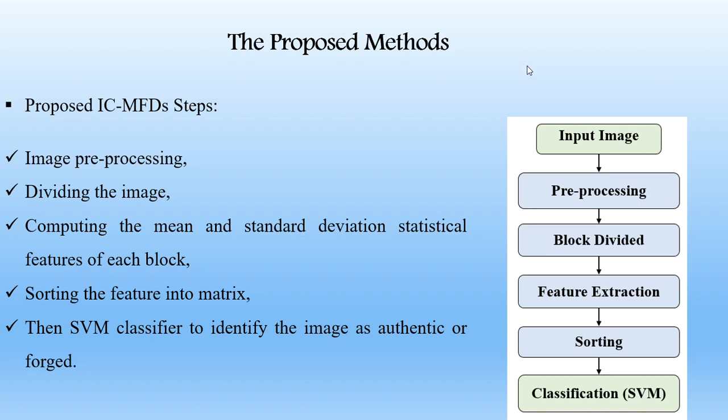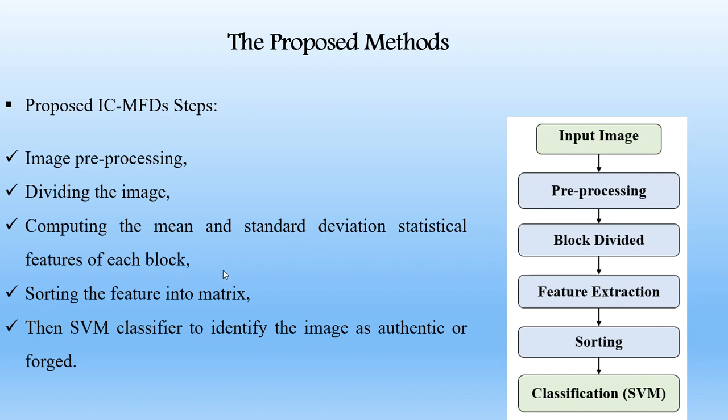Our proposed method depends on five steps. The first one is image pre-processing, converting the color RGB image to a grayscale image. Second, divide the image into non-overlapping blocks under various block sizes. Third, for each of these blocks, compute statistical features like mean and standard deviation.